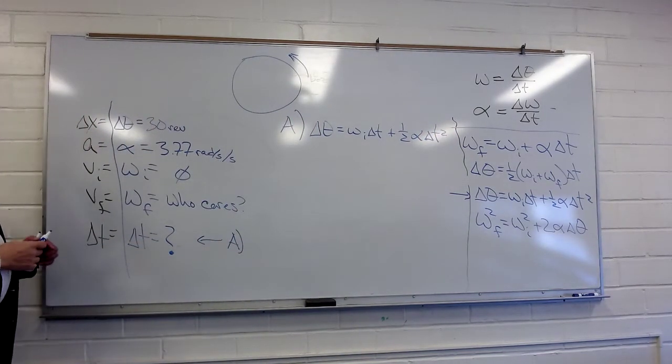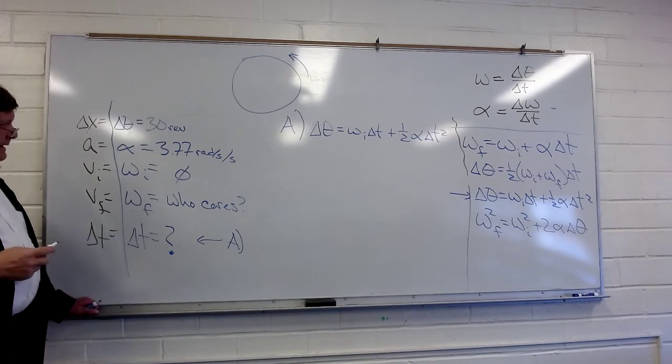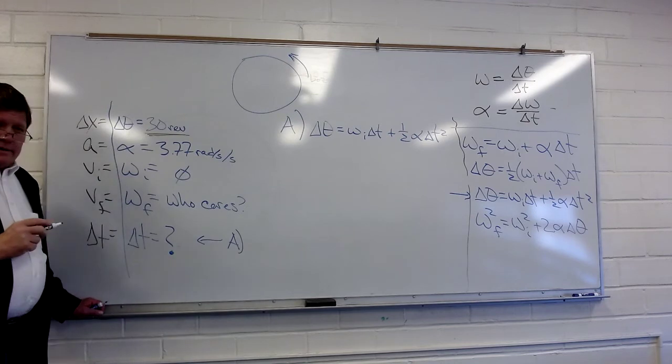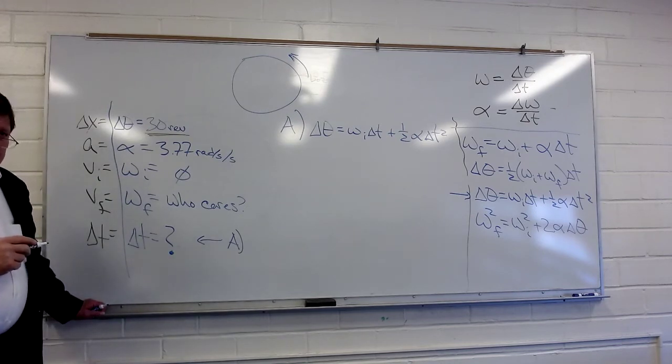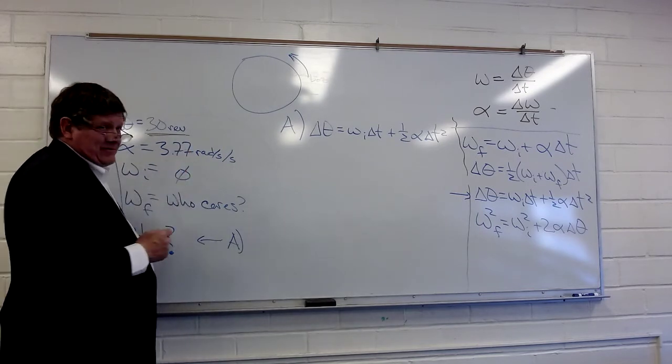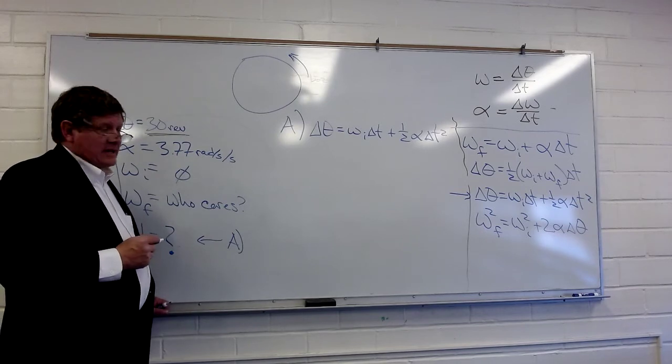Now we've got a little bit of a problem with units here, and that is that we've been given a non-standard unit for our angular displacement. 30 revolutions means that it went around in a circle 30 times. Well, what I want are radians, as we discussed in class.